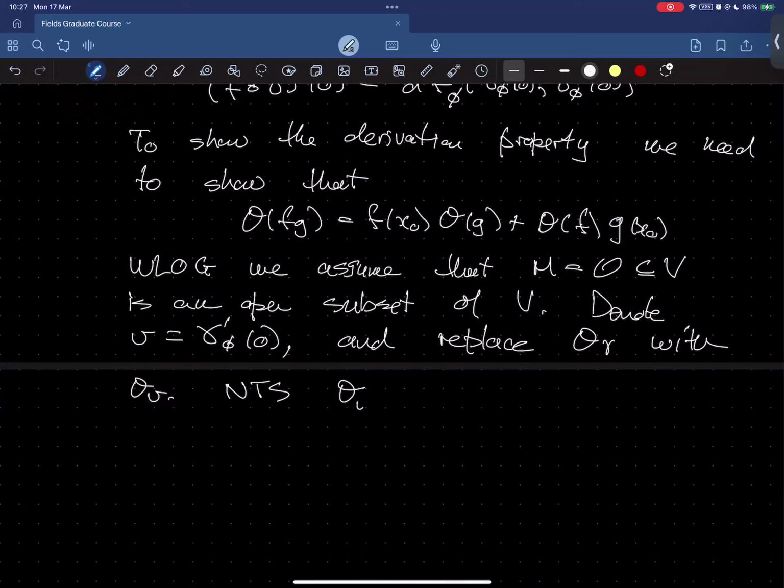Okay, so then we need to show that theta V of FG is the usual thing. So f of x naught, theta of G plus theta of F, G of x naught. Okay. And what's theta of V?